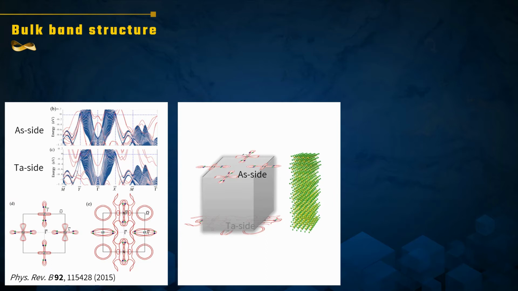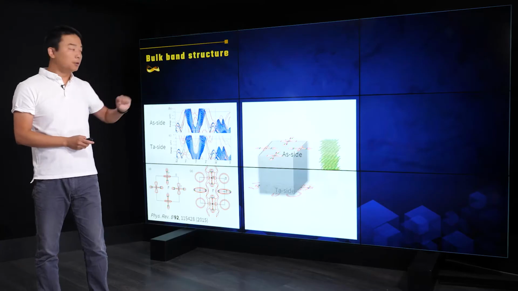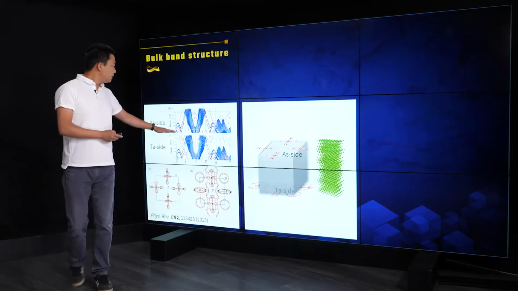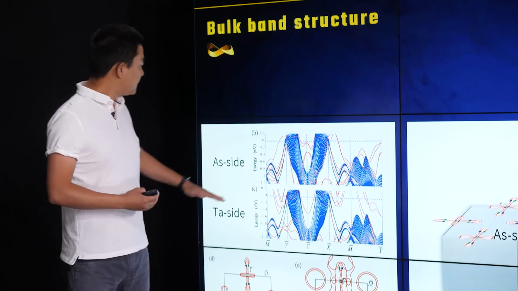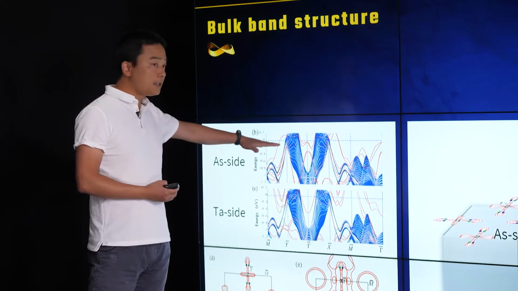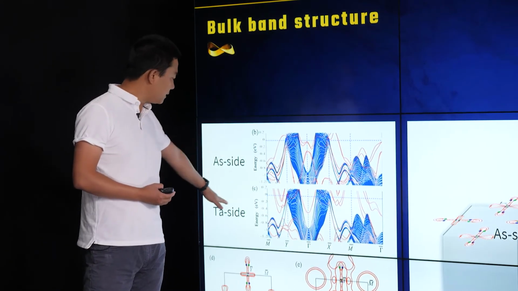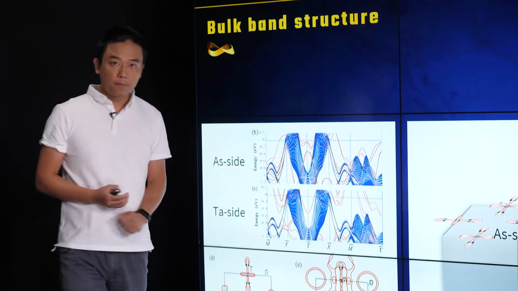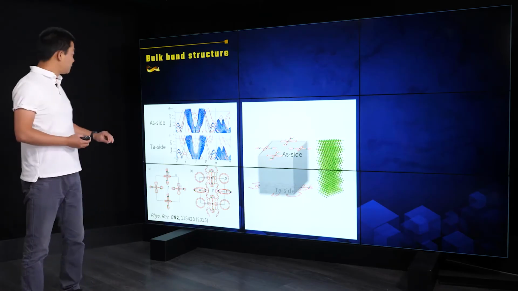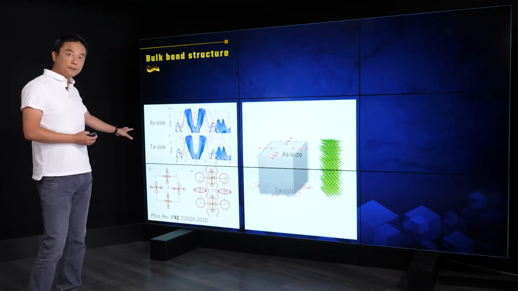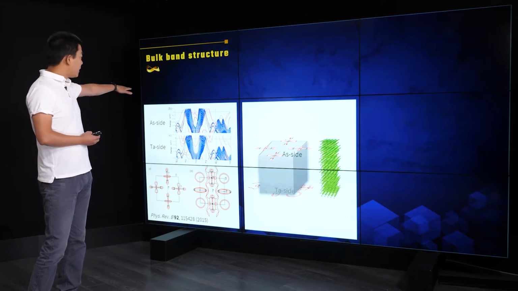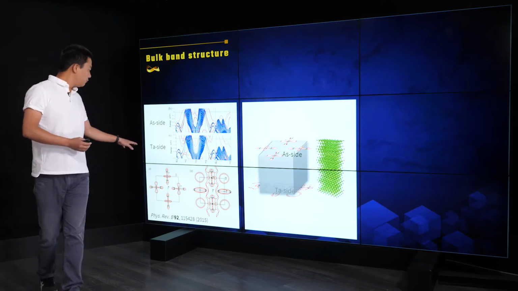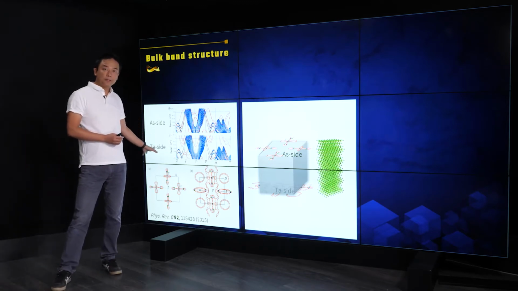Then how different? This is the calculation, just the DFT calculation for this slab model. The red color in the band structure, you see, are surface states. They are surface states projected to the arsenic surface. This is the surface state projected to the tantalum surface. If we plot the Fermi surface in the Brillouin zone, the Fermi surface is the energy contour across the energy zero, and we will see very different Fermi surfaces.